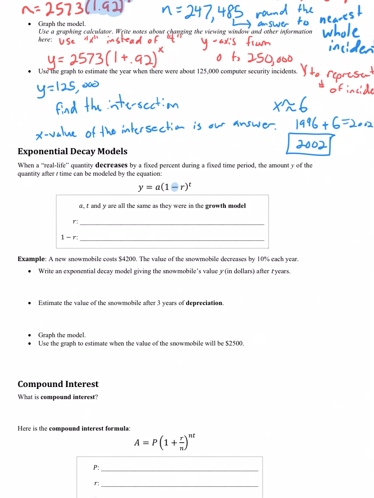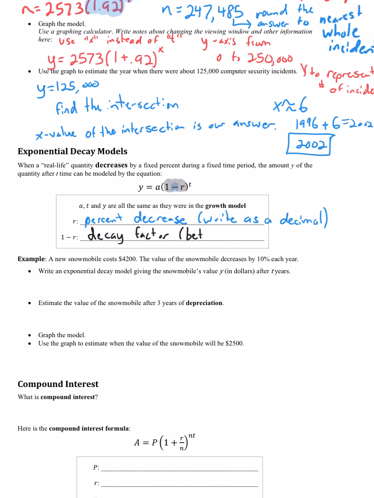So exponential decay, r would represent the percent decrease this time. Okay, which we'd say, let's write that as a decimal. Again. And then this whole 1 minus r, that should be a number smaller than 1. That should be our decay factor.